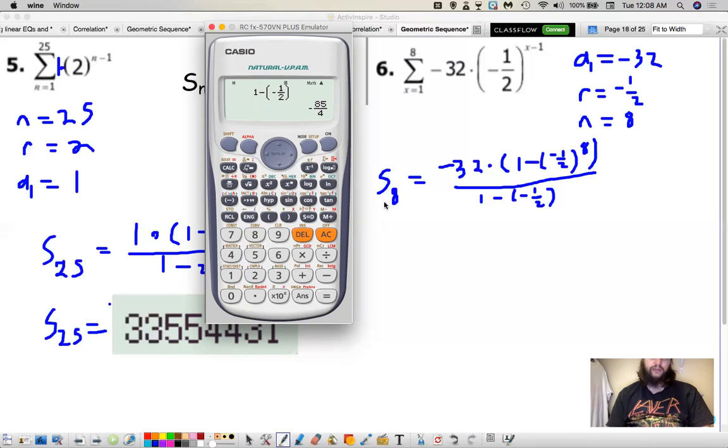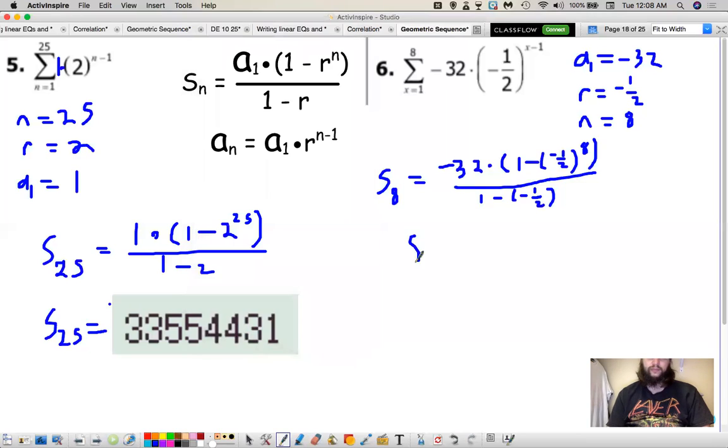And that's negative 85 over 4. Yeah, I keep writing 8s instead of S's. S of 8 equals negative 85 over 4.